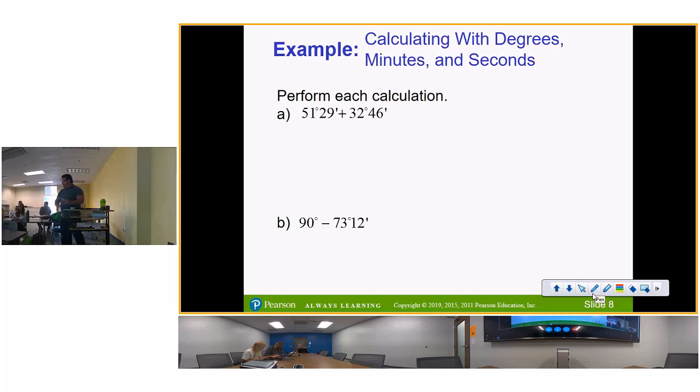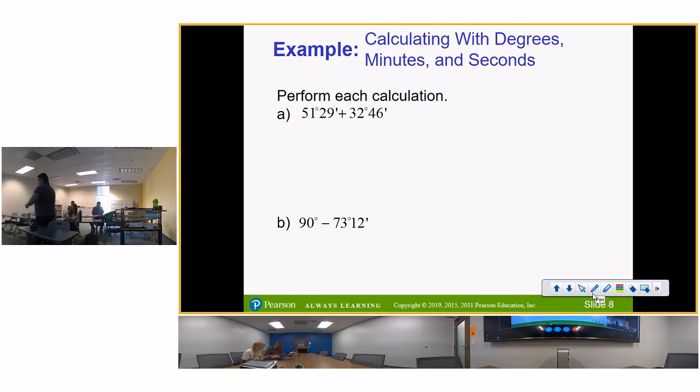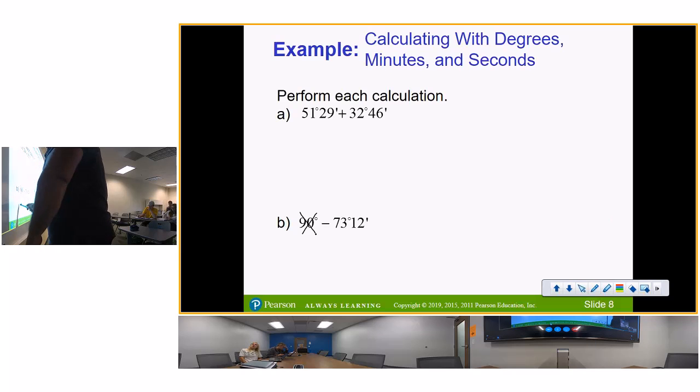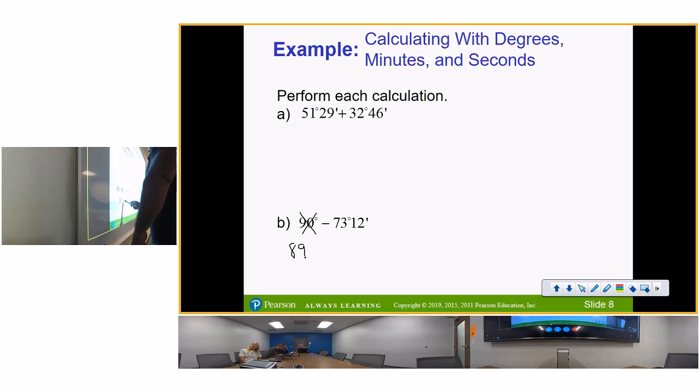I want you to add or subtract these 2 angles. And again, one is regular, just add. And the other one, instead of using 90, you have to use, and we're not using calculators yet, 89, 59, 60.